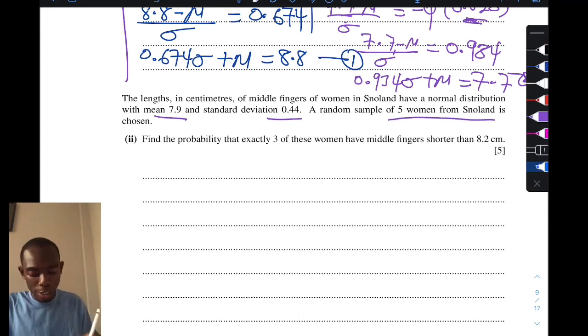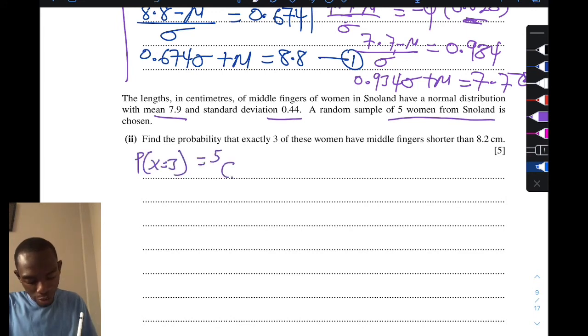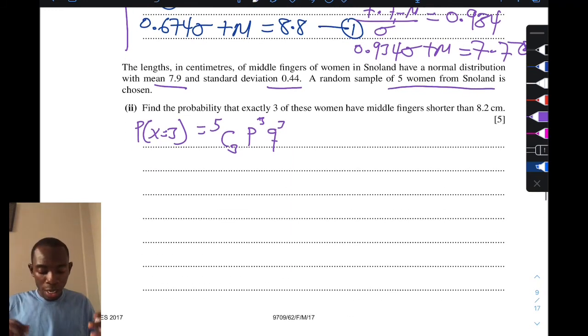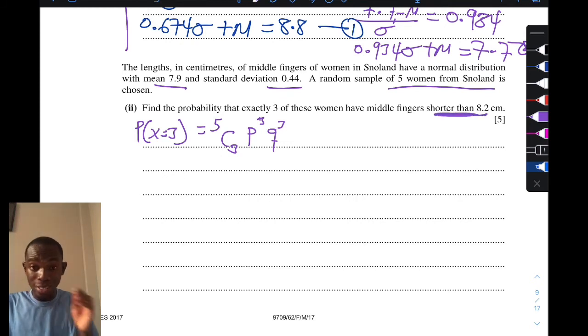Okay, so if it's a binomial distribution, then exactly 3 would be probability of x equals 3. That would be 5 combination 3, p to the power 3, q to the power 2. But we do not know the p, we do not know the q, so that's what we are going to look for. The p is the probability that we are going to work out, then we can do 1 minus that value, and that will be the q. So they said it is shorter than 8.2, so it's less than 8.2.